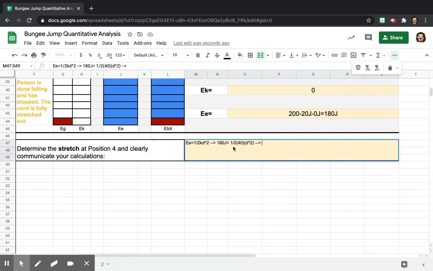So what I can do is I can divide both sides. This is kind of awkward. I will do it like this. I'm going to divide both sides by 1/2.